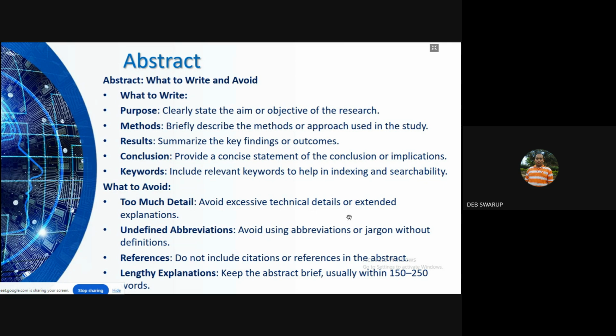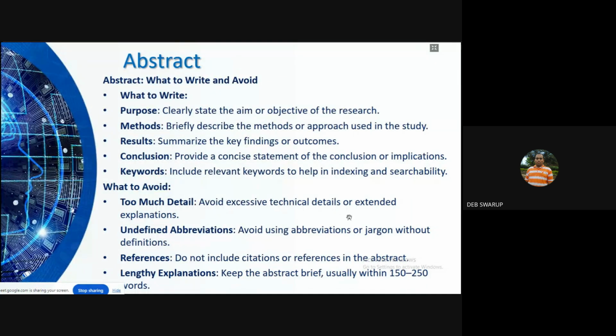The conclusion in the abstract is a concise statement about the entire research. In one particular sentence, you need to summarize your entire research. This is why, in the previous slide, I said we write the abstract at the end.